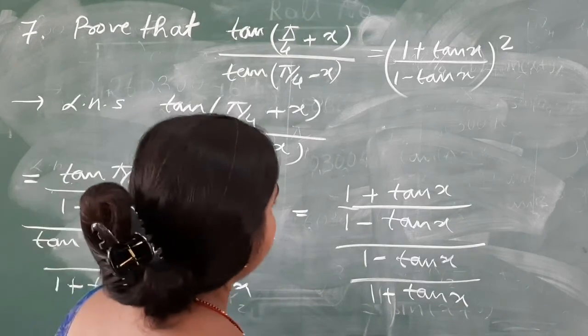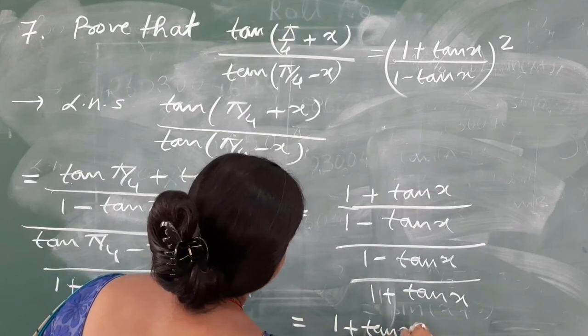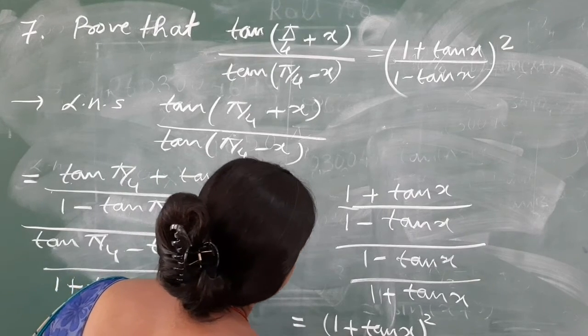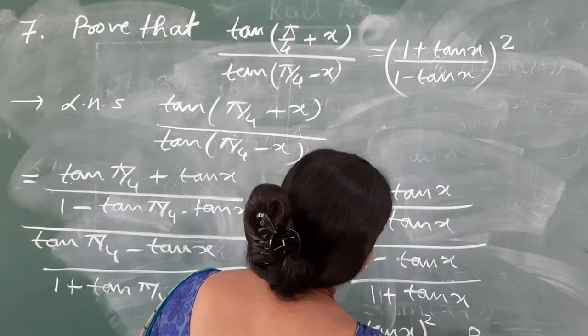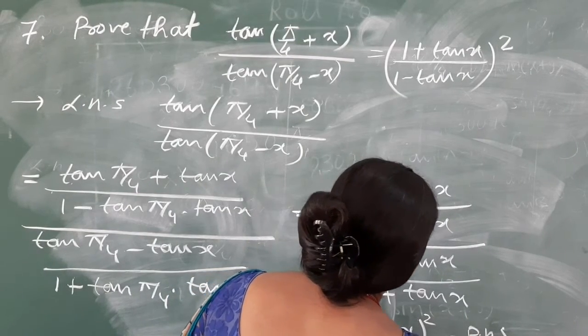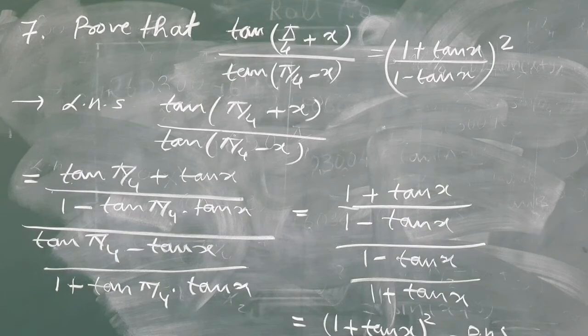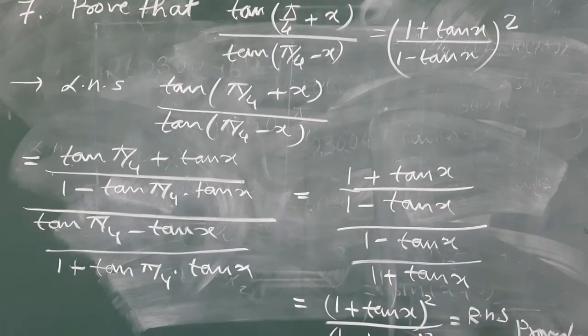So we can write it as 1 plus tan x whole square by 1 minus tan x whole square. Means this is the right hand side part. Good. So this is the way to prove. Whenever you have to apply a formula, we have to apply it. It depends on the question.